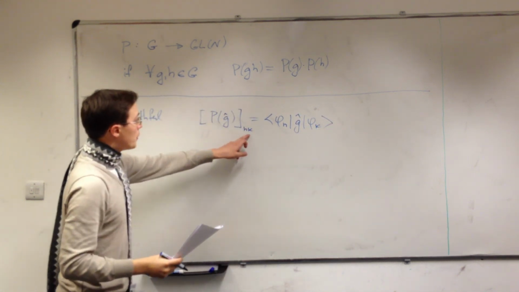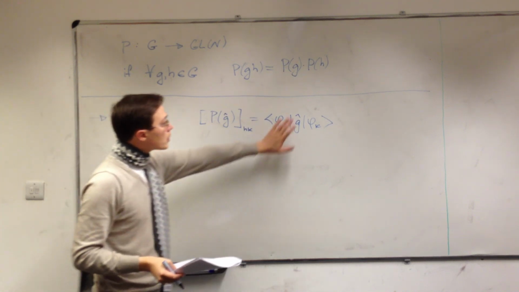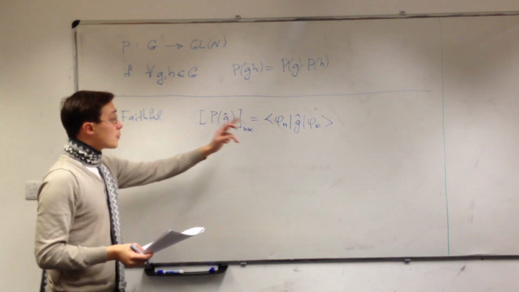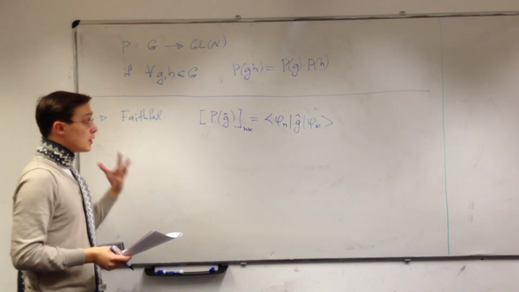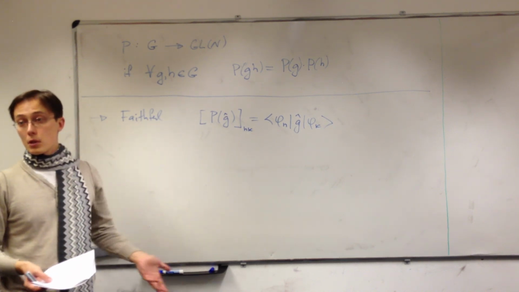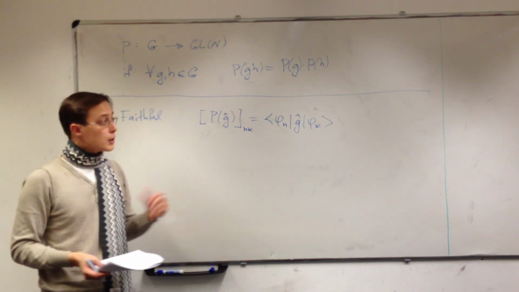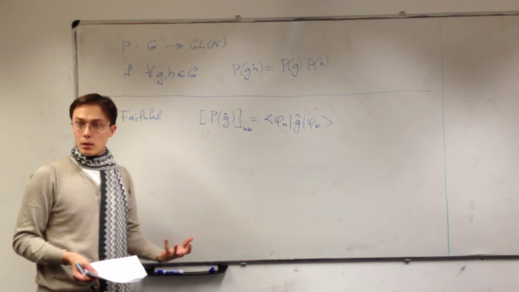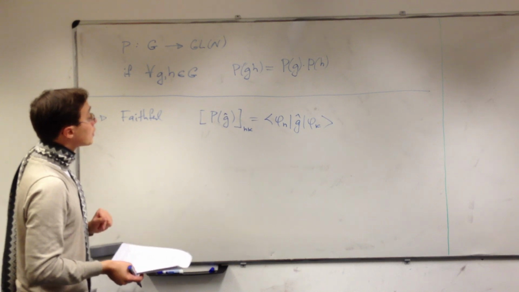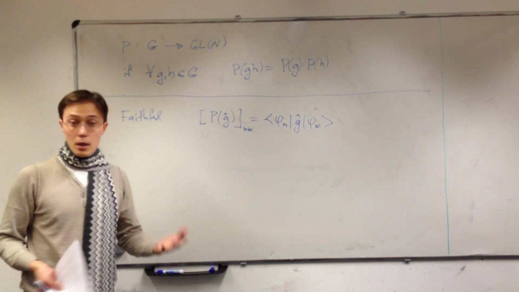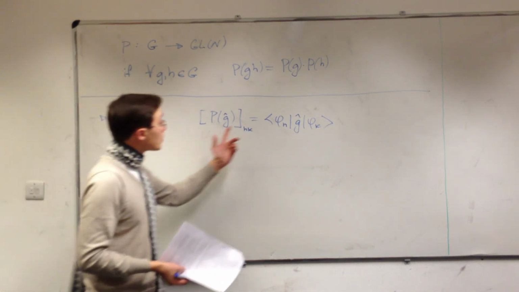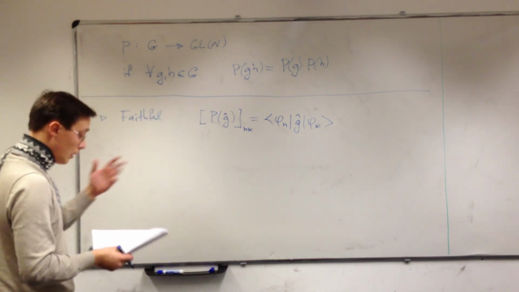And so if we loop it over all the elements of the basis, we'll get the matrix of this G, and that would be a representation that would in fact conserve all the properties of G. We all know that a matrix formulation of quantum mechanics, Heisenberg's formulation of quantum mechanics, is equivalent to the wave function formulation of quantum mechanics, which is due to Schrödinger. And this is an example of a faithful representation in a given basis.